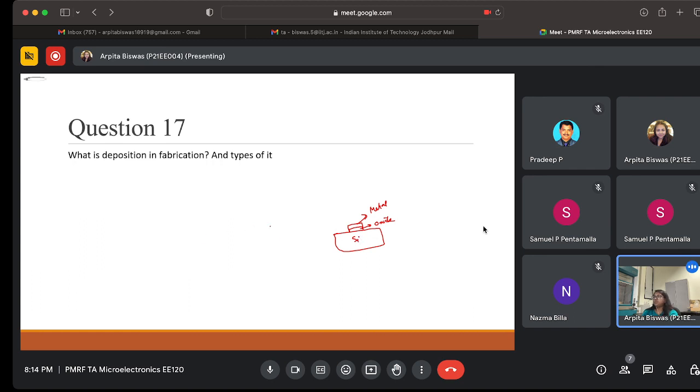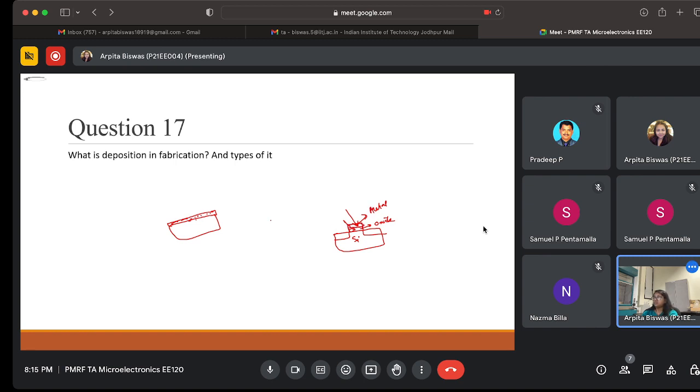So if you want to grow the oxide layer, this is also part of depositing. And if you want to deposit metal or something else, in that case also it is deposited.